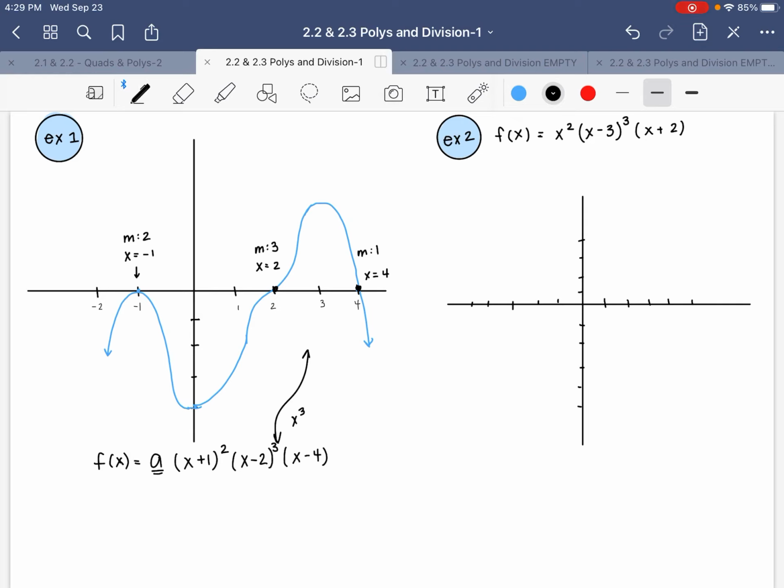Okay, and just a refresher, how we find that a value is we need to pick a point on this graph and plug it in for x and y. So I'm going to choose that y-intercept at (0, -4). I'm going to plug in -4 over here, equals a, and then I'm going to plug in 0 for x.